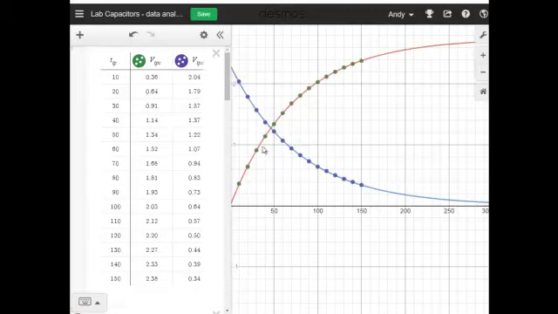And not only are the data on here, but you also see the regression curves, the exponentials that are apparently really close to the data, which means I took really good data, and it turns out that if you were to do the experiment, all students always take very good data, because the only error source that you have is the multimeter itself measuring the voltage, and of course the timer here, and it really doesn't matter if you're off by a few tenths of a second.